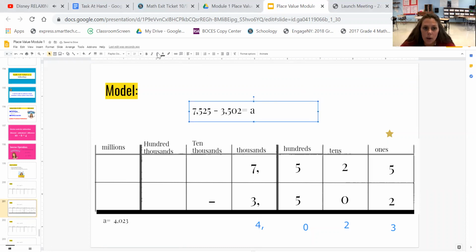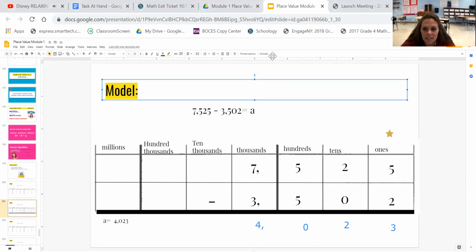So we could check our work here, and we could simply add 4,023 to 3,502.